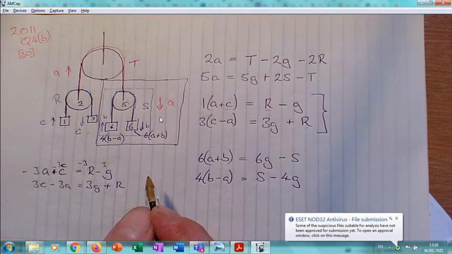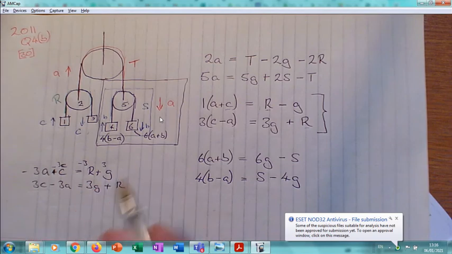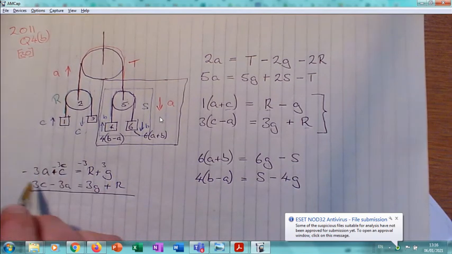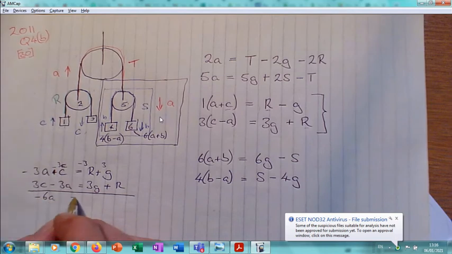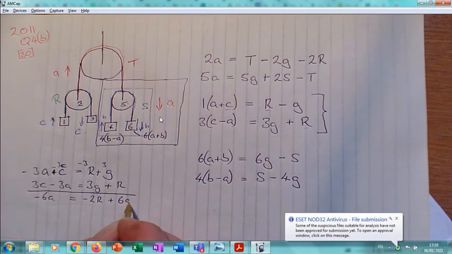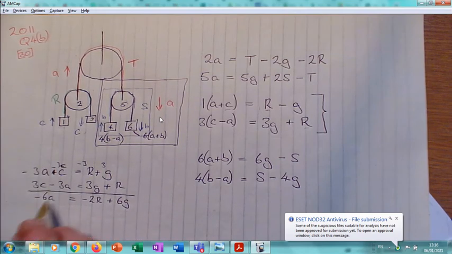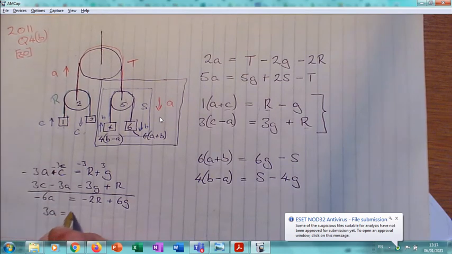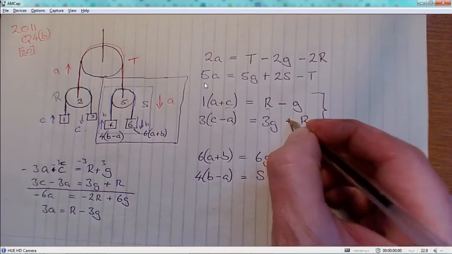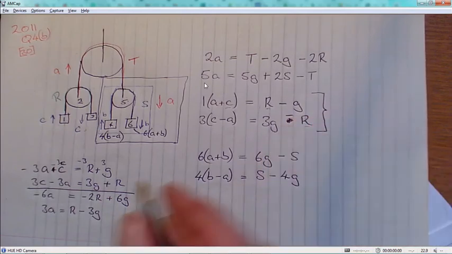Minus 3g makes it a plus 3g. So I'm left here with minus 6a is equal to minus 2R plus 6g. Rewrite that to say 3a is equal to R minus 3g. That's supposed to be a minus sign, isn't it? Yeah.